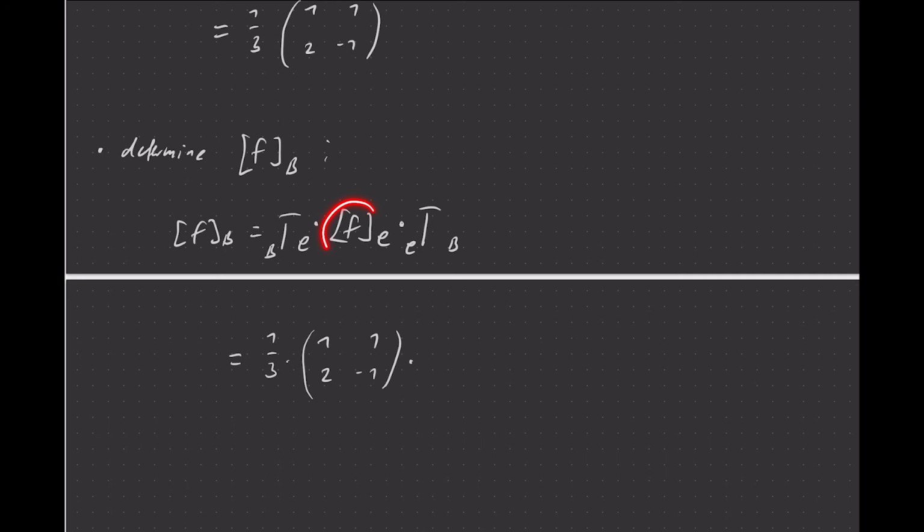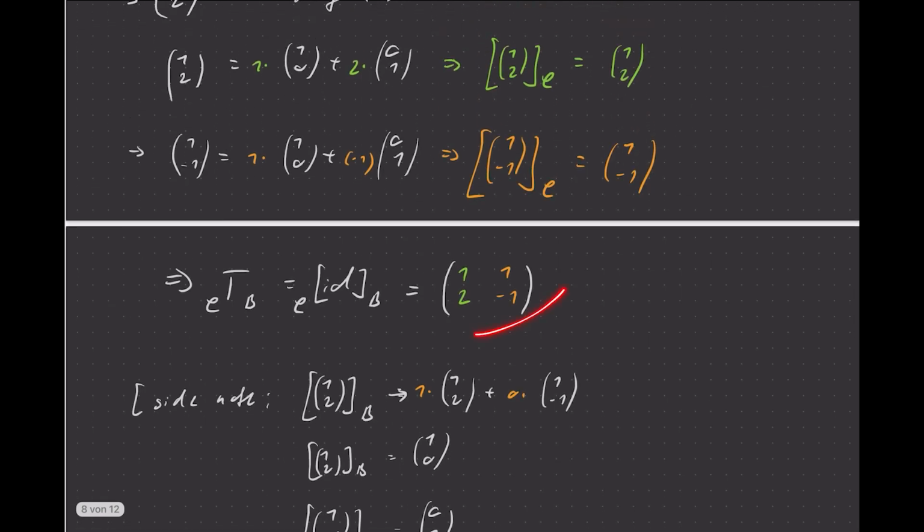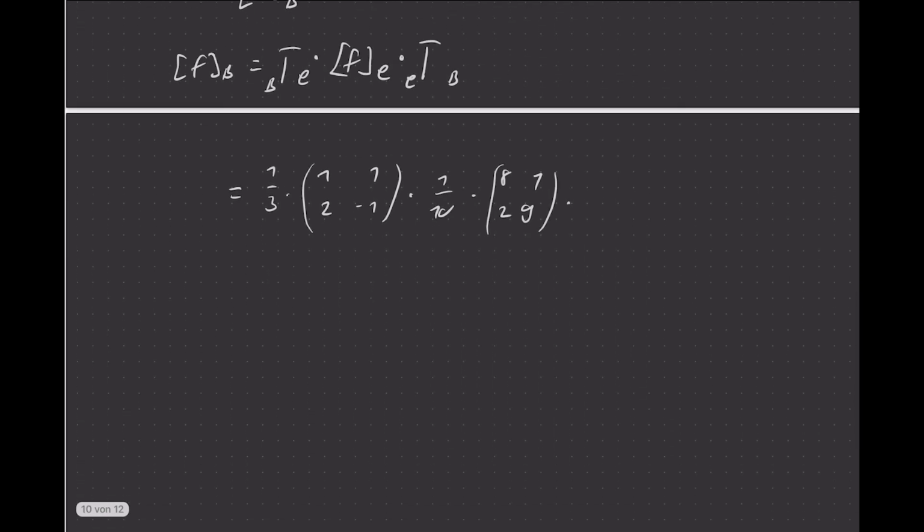Then this matrix, that was our original matrix A. A was given as 1 over 10 times 8, 1, 2, 9. And finally, this transformation matrix here is the first one that we computed. That was this matrix here. 1, 2, 1, minus 1.